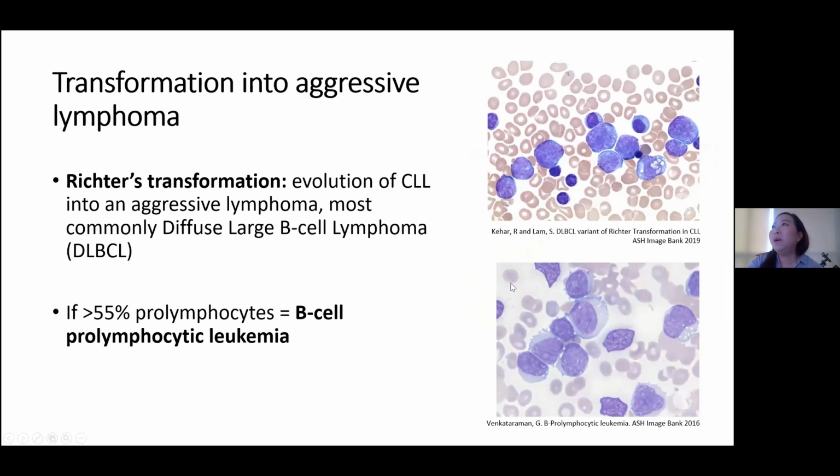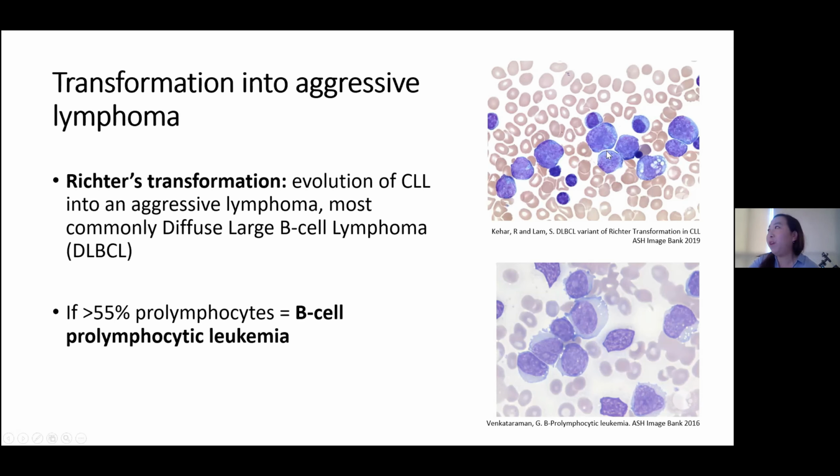Okay, so we talked about how CLL can transform into a more aggressive form. There's a term for that, it's called Richter transformation. It's most often diffuse large B-cell lymphoma. This is an example of that, where there are these large cells with markedly convoluted nuclear contour, dark blue cytoplasm, some with vacuolation.